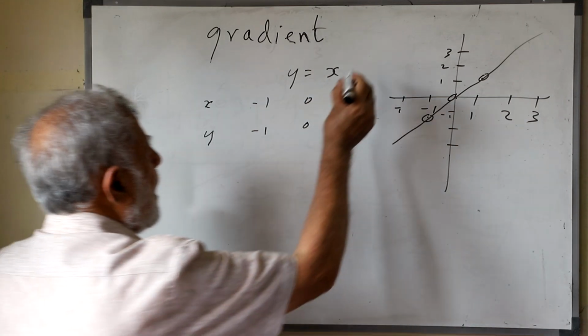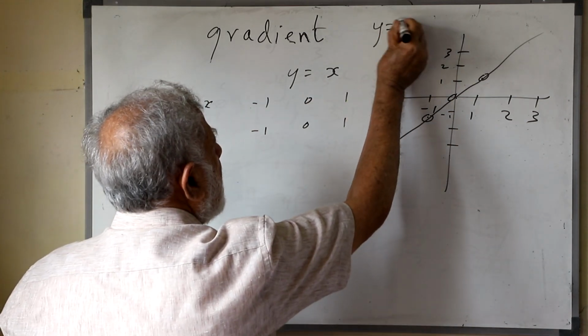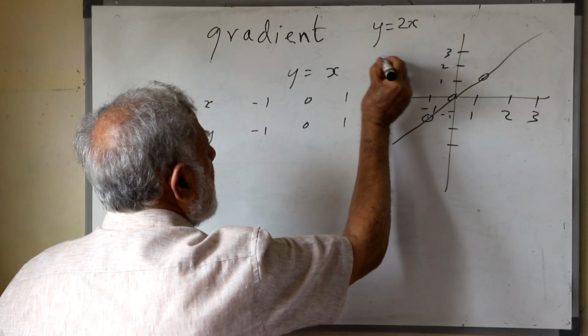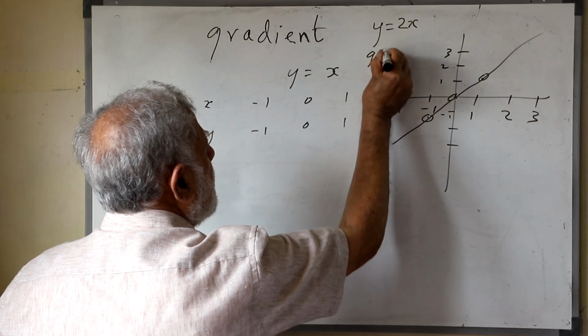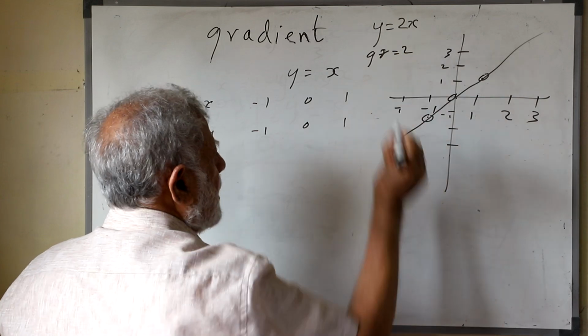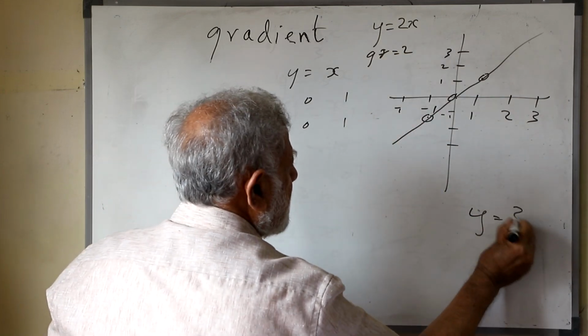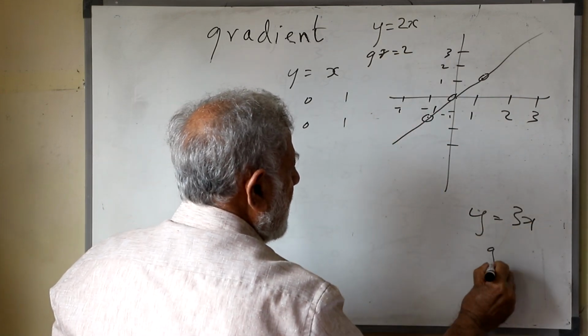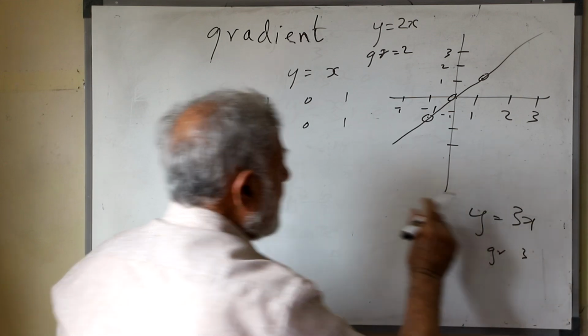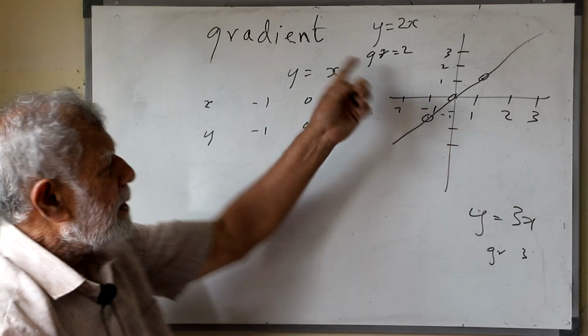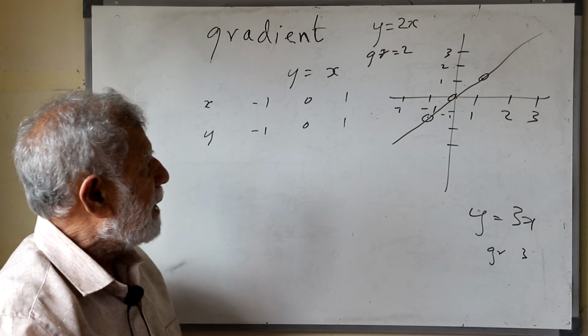Now, when you have y equal to 2x, gradient is equal to 2. In the same way, y is equal to 3x, gradient is equal to 3, the number coefficient for this. So, when the equation is given, we can easily find out the gradient.